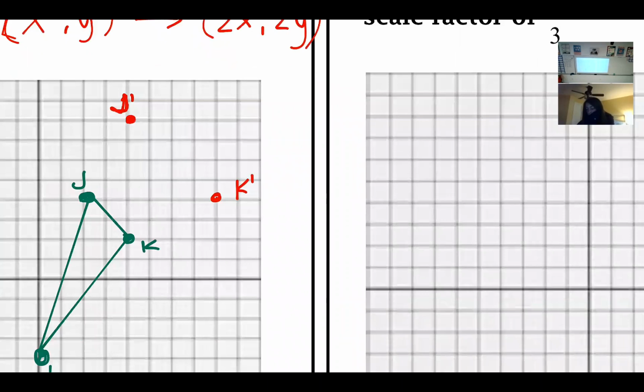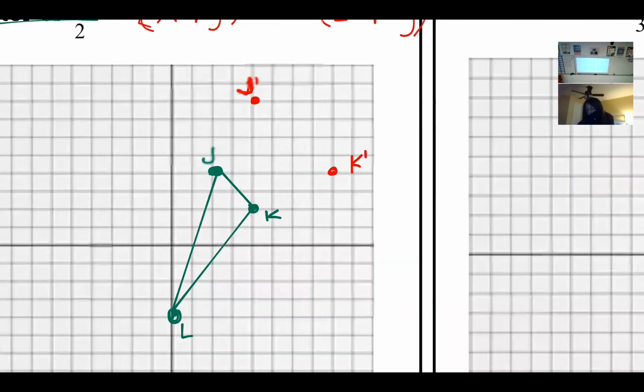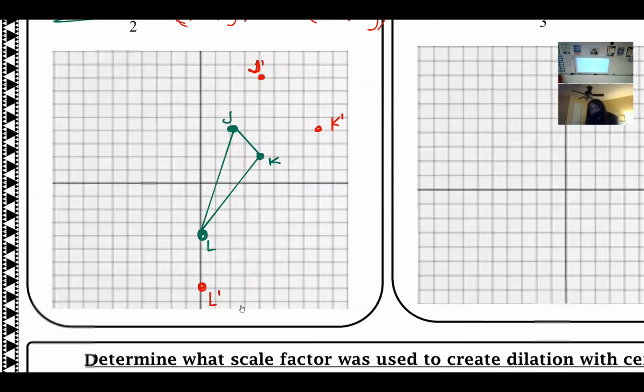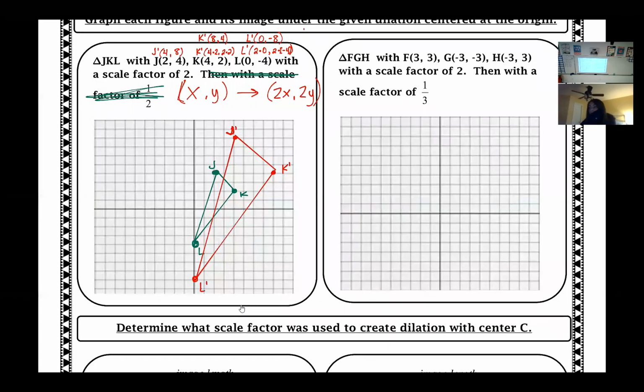And L prime is 0, -8. So yeah, absolutely an enlargement.